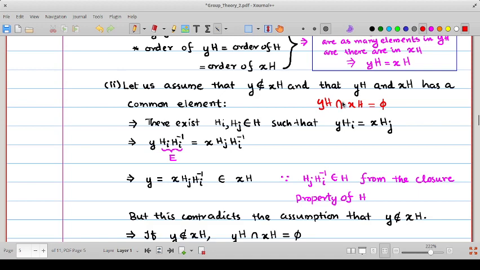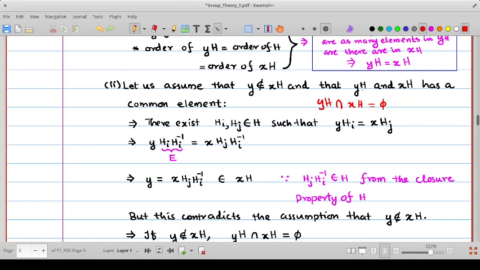And to show this, our strategy would be to assume that y is not an element of xH, and then assume that yH and xH have a common element. Then show that this leads to a contradiction, which would then mean that it will not be possible for yH and xH to have a common element.